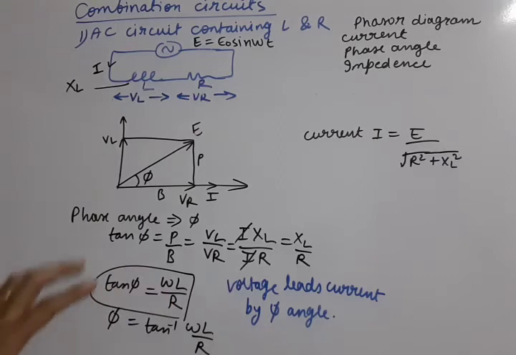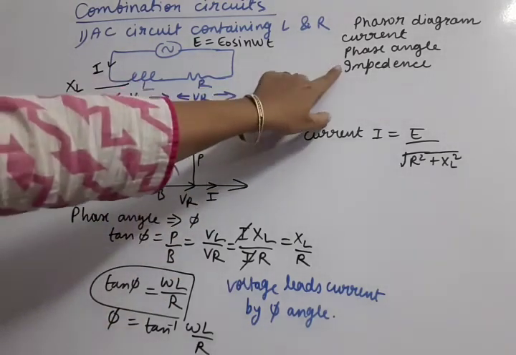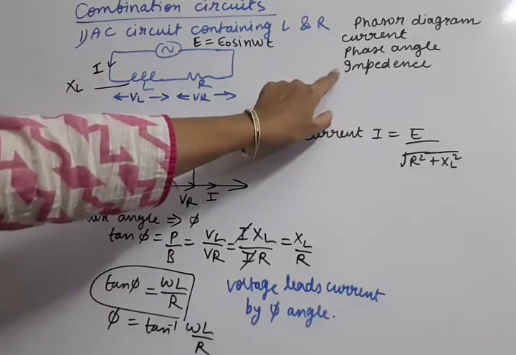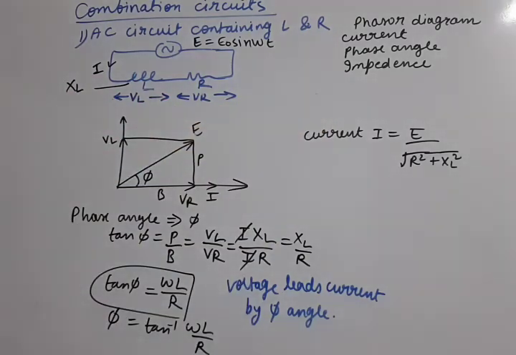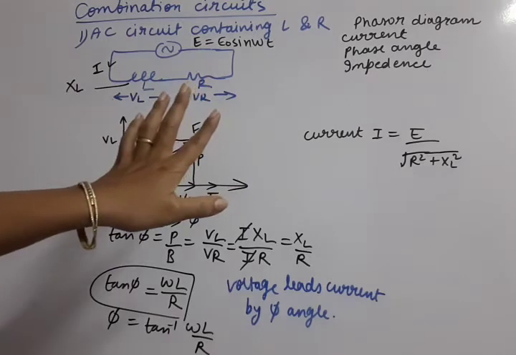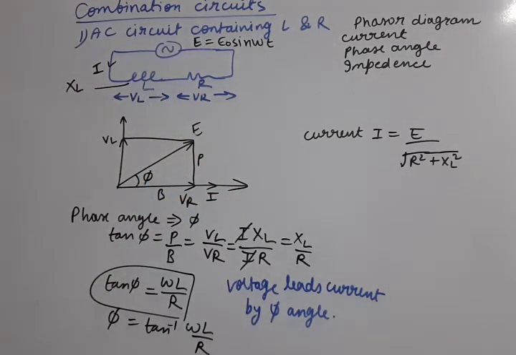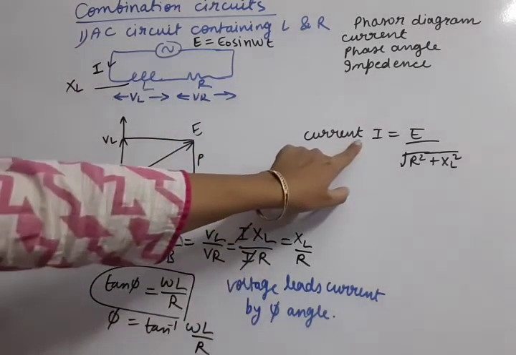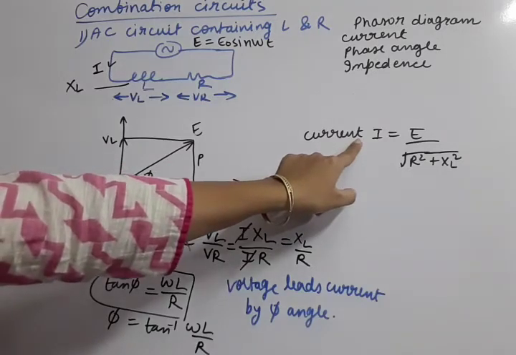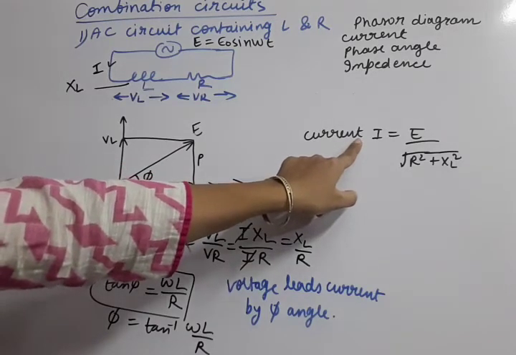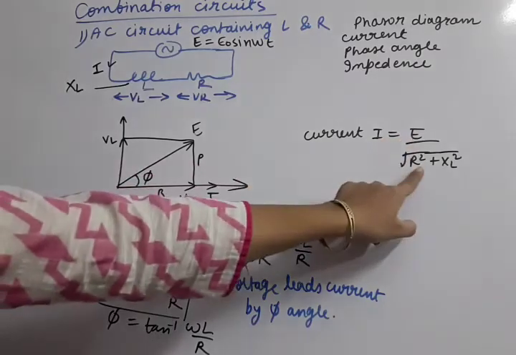Now, the second piece of information which was not solved till now is impedance. Impedance means the resistance of a combination circuit. Let us understand the impedance part now. The current equation which we just obtained for this LR circuit is I equals E upon this thing.